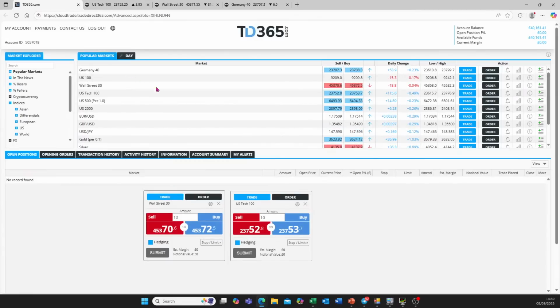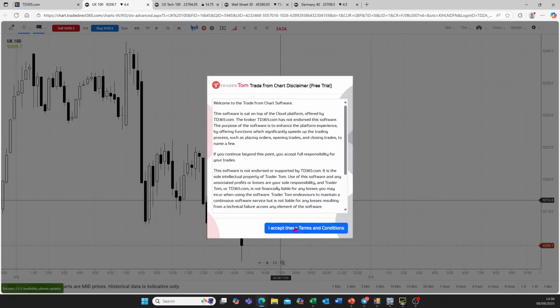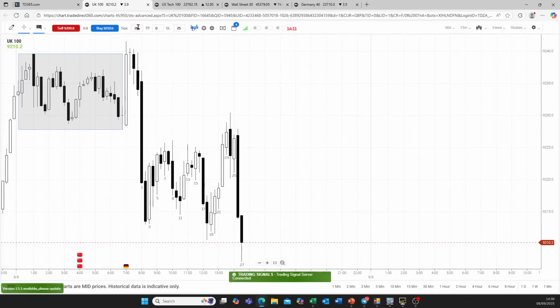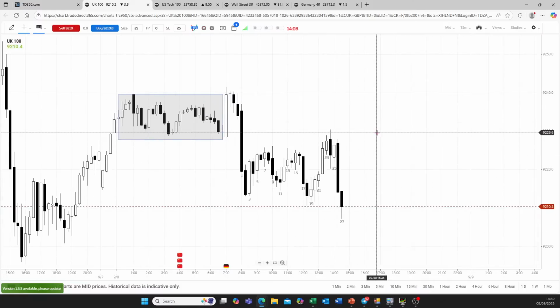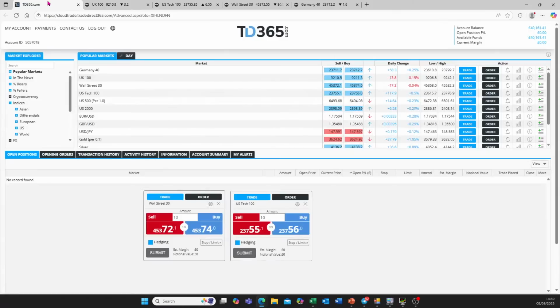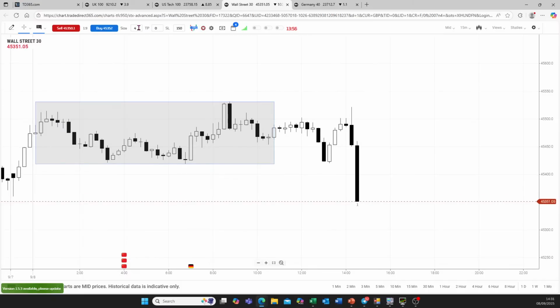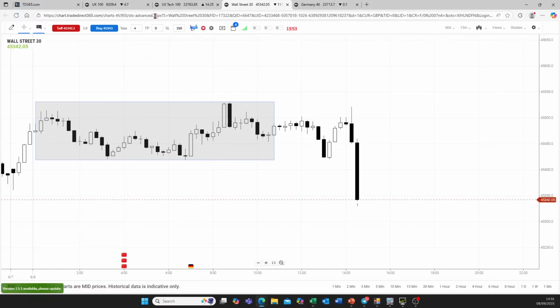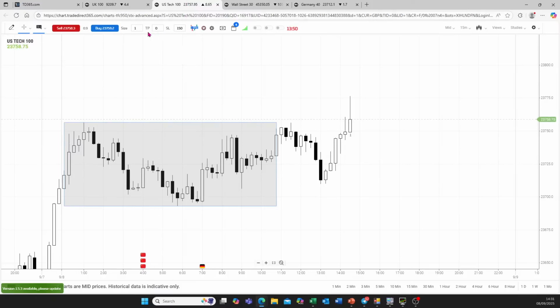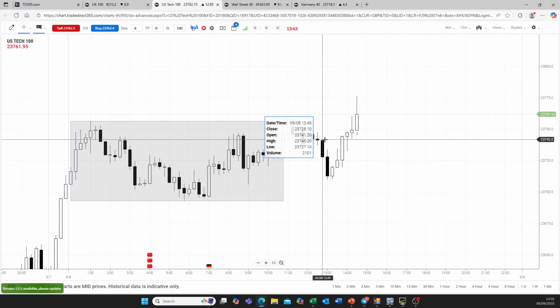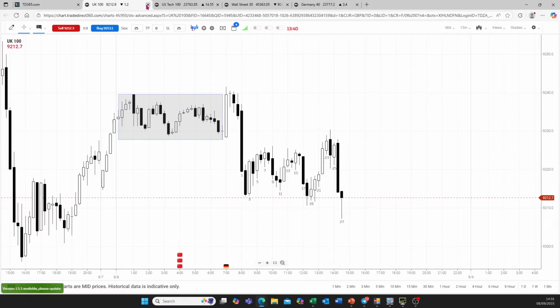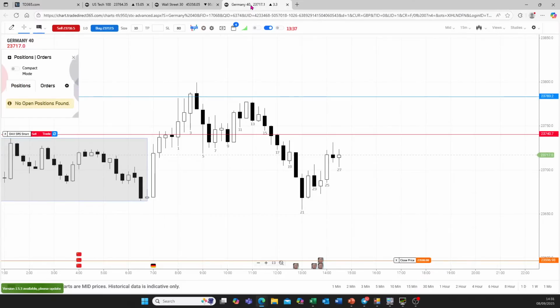And FTSE. And Dow is going to be 4. That's modest, but okay. And the NASDAQ 6. There we go. Trading sizes are in. Now let me get rid of, don't really need the FTSE here.